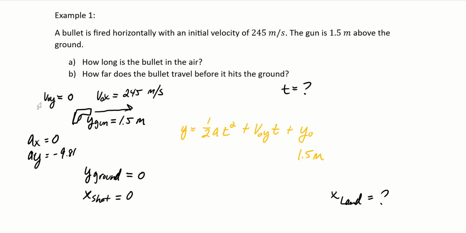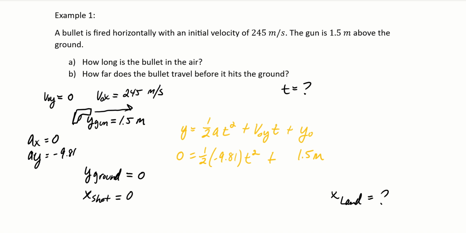I know my initial velocity in the y direction is 0. So that means that this whole term here is going to turn into 0, because 0 times time is going to be 0. Over here, I know that 1/2, I know acceleration is negative 9.81, and I need to figure out time because it's asking how long is the bullet in the air. The other thing I know is that my position of interest, or my final position, is when the bullet hits the ground, and I call that 0.